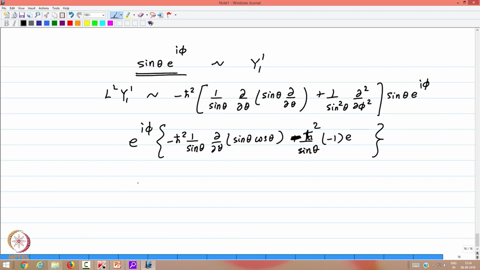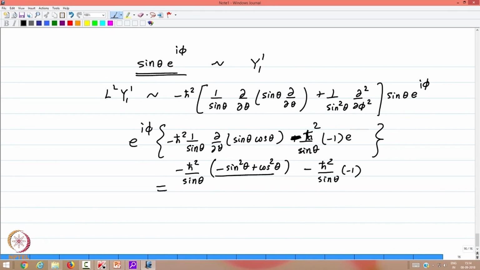So, now you can simplify this, and you will see that when you take this derivative, cos theta gives minus sin theta. So, it is minus sin square theta, and sin theta gives you cos square theta. So, it gives you plus cos square theta. So, that is to be multiplied by minus h bar square by sin theta, and you already have a minus h bar square by sin theta times minus 1.